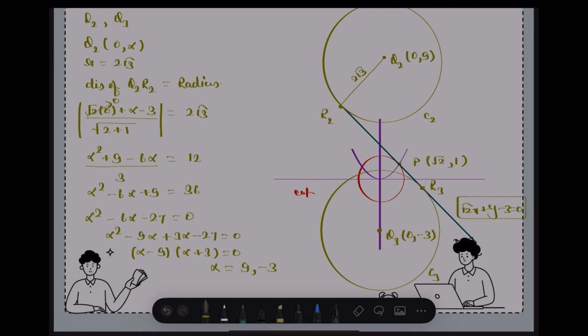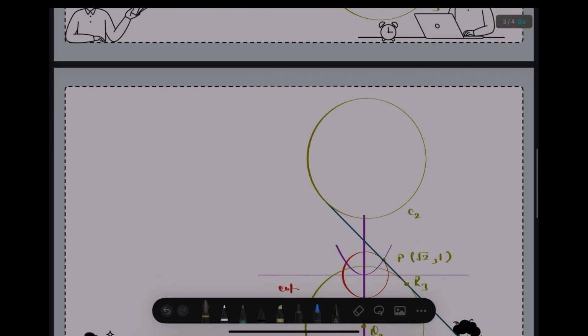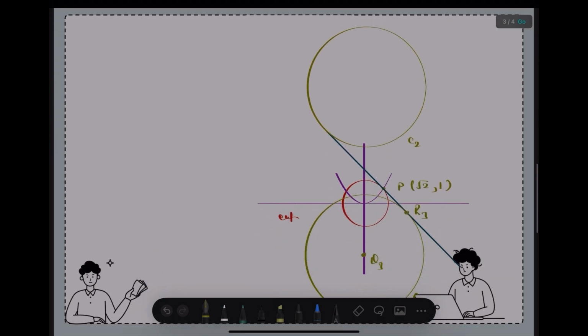So don't you think R2 is nothing but the foot of perpendicular of Q2 and Q3 on the line root 2x plus y minus 3 equals to 0? Correct now? So look at this. Now this time I'll go with R2 and R3.